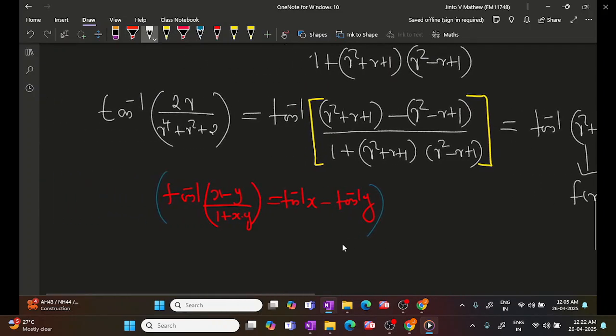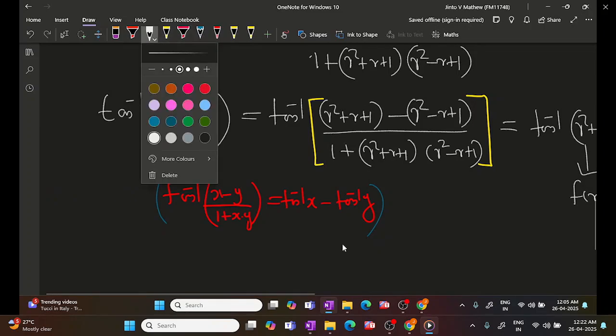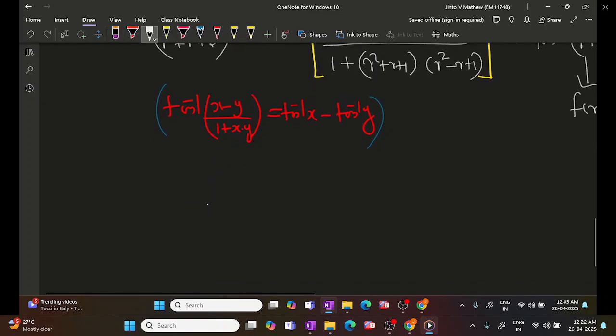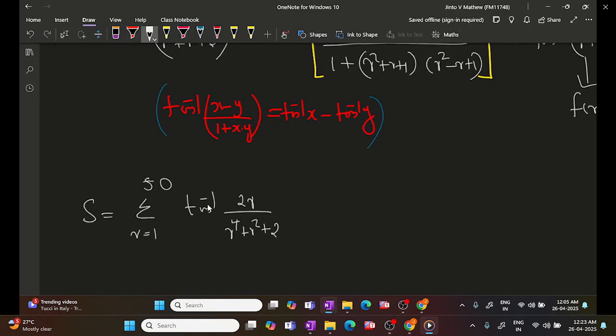Now let us find the summation. Now we have to calculate what is our S. Our S is sigma r is equal to 1 to 50 tan inverse 2r by r raised to 4 plus r square plus 2, which is equal to sigma r is equal to 1 to 50.